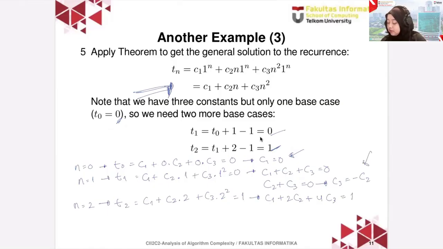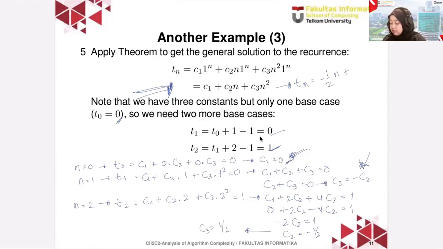And from here we know C1 is 0, and we can write C3 as minus C2, so 4C3 is minus 4C2. So minus 2C2 is equal to 1. So C2 is equal to minus a half. And from here, we know that C3 will be a half. So from here, we can know that Tn has C1 equal to 0, C2 equal to minus half, and C3 equal to a half. So this is the final answer.